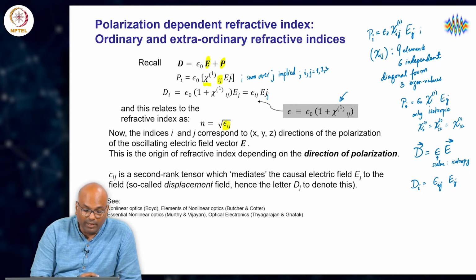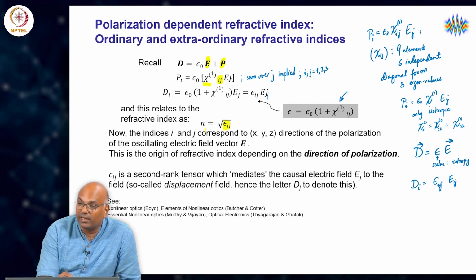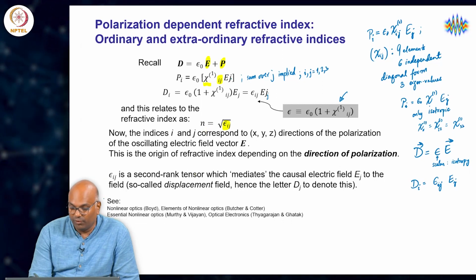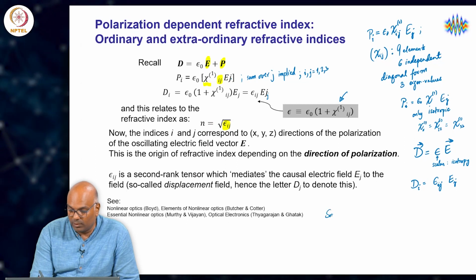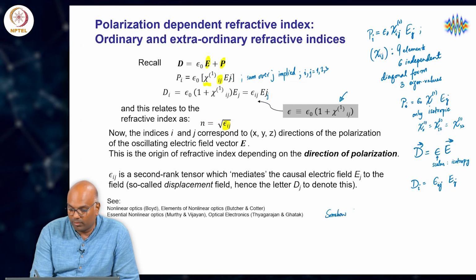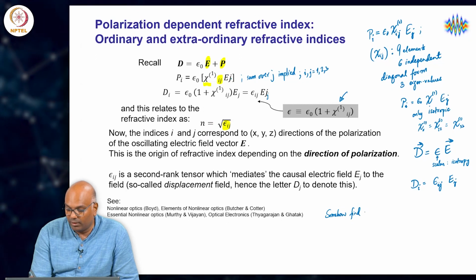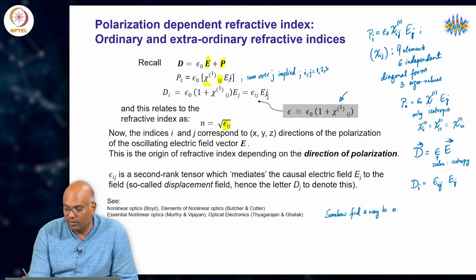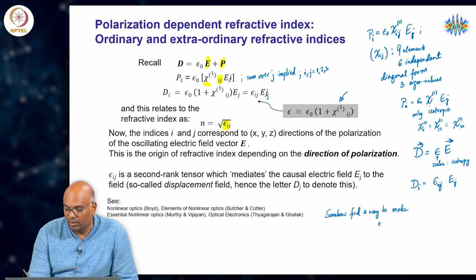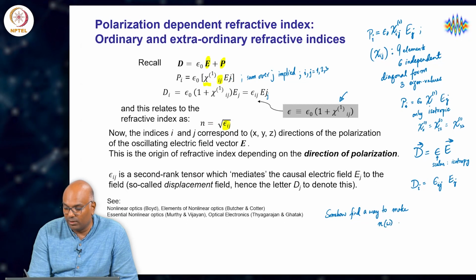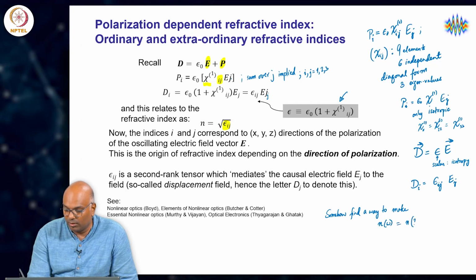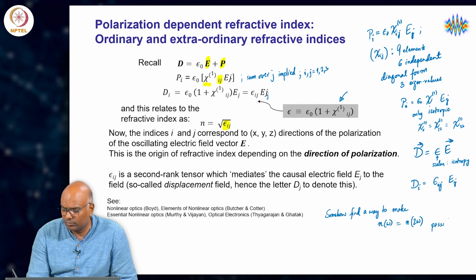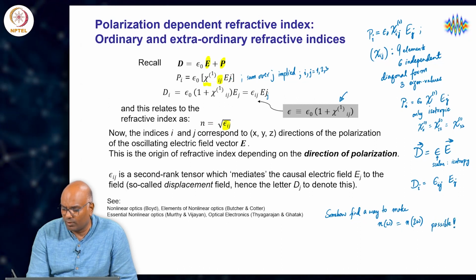The point being that, do not forget our goal: to somehow find a way to make n at omega equal to n at 2 omega possible.